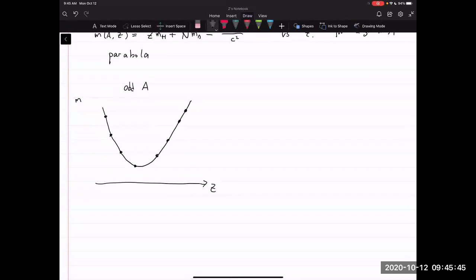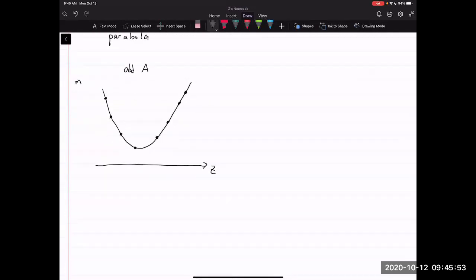The lower the mass, the smaller the mass, that means the more stable this nucleus is. So we can take partial M, partial Z, and let it be 0. Since we have mass as a function of Z being a parabola, we can find out where this minimum is.